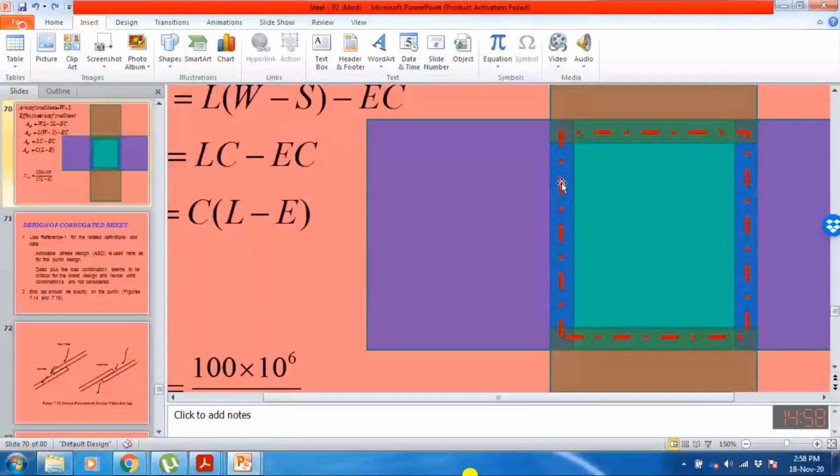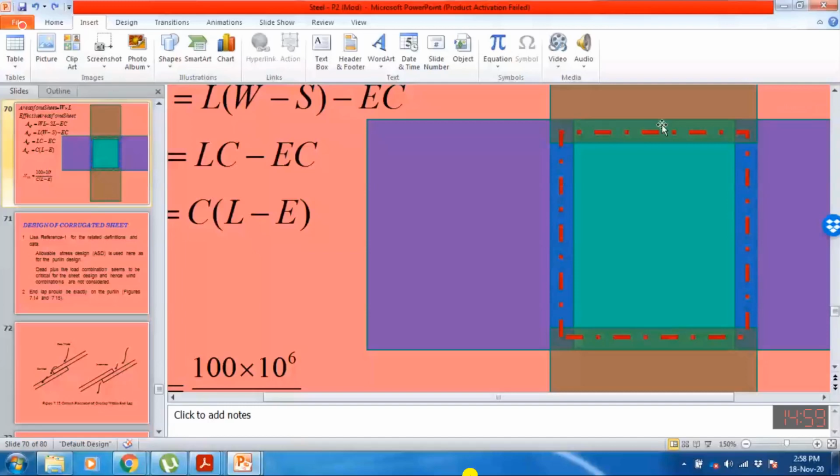If I multiply this length with the half end lap from one side plus half end lap from the other side, multiplied by the C value, or if I sum up E by 2 from one side and E by 2 from the other side, which becomes E multiplied by C, I need to subtract this area also.